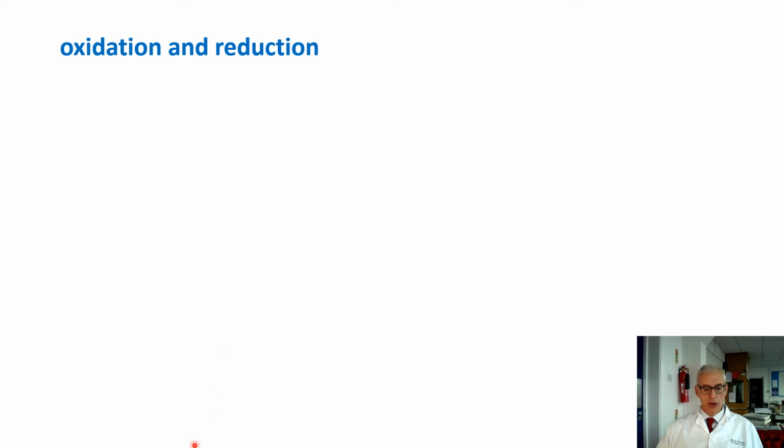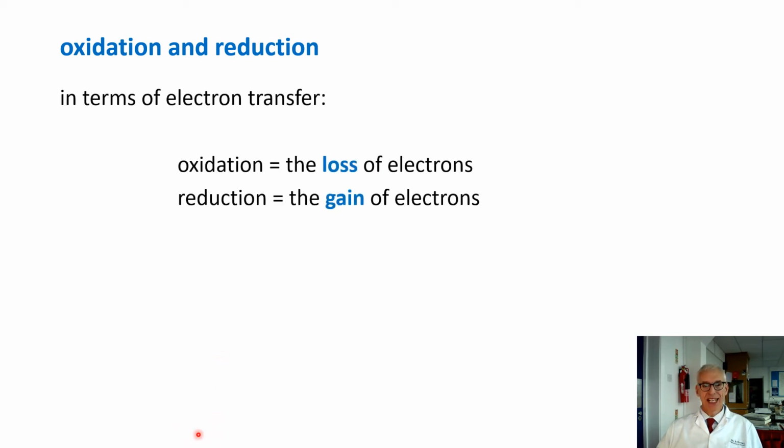Now, most A-level students will have met oxidation and reduction before embarking on A-level in terms of electron transfer. Oxidation is defined as the loss of electrons, reduction the gain of electrons. So you may have come across oil rig.